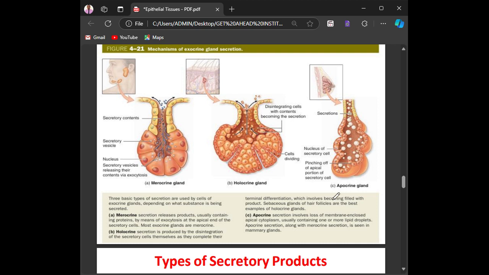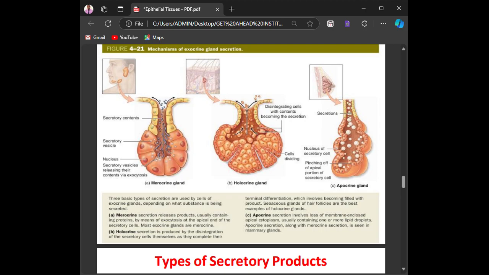Then when it comes to apocrine, the secretion involves loss of the membrane-enclosed apical cytoplasm, usually containing one or more lipid droplets.